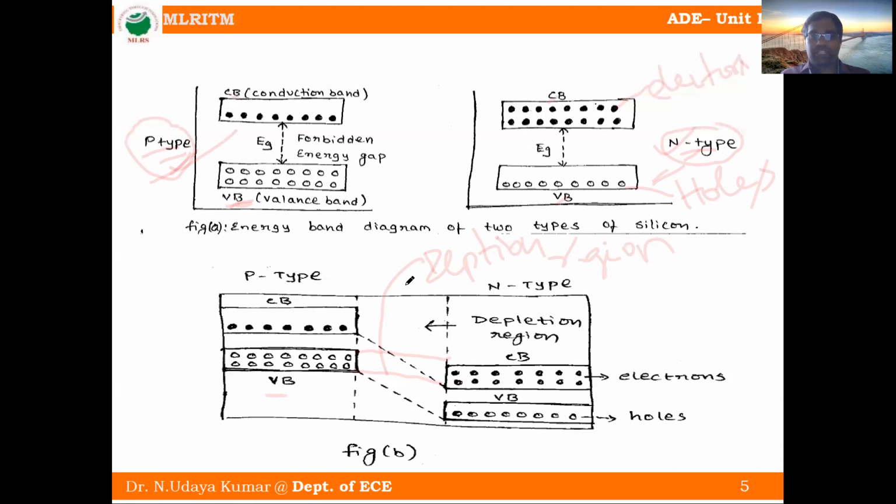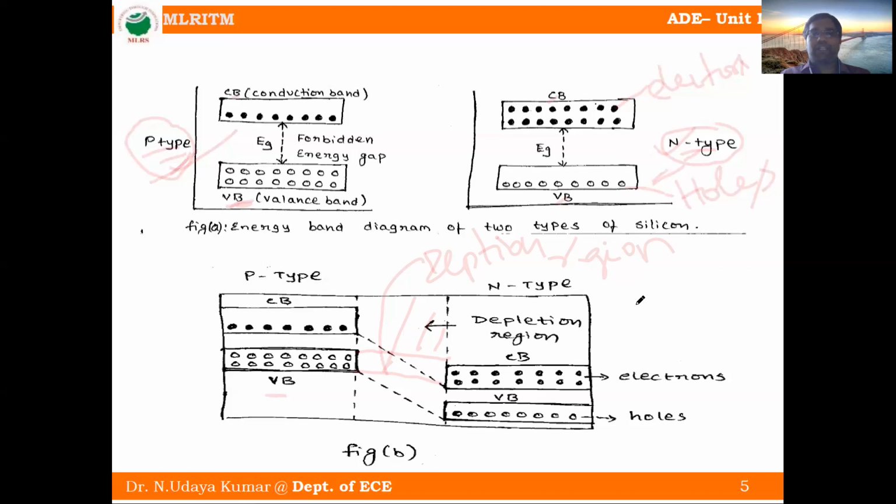Okay, this region we call the depletion region. So there is no equal alignment, so there is no conduction. We are not applying any voltage to this tunnel diode. So this is at 0 voltage.